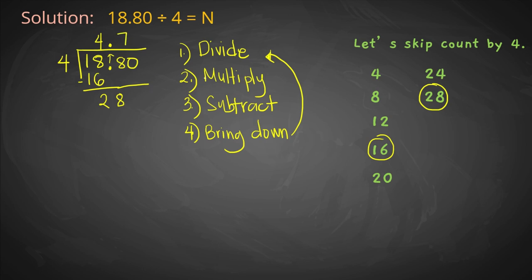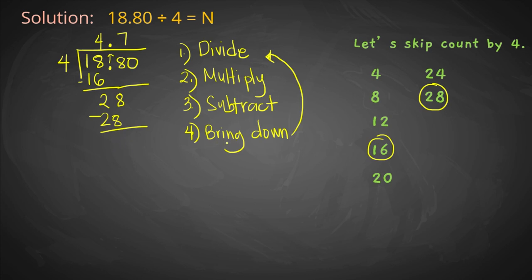Next, 7, multiply ulit. 7 times 4, that is 28. And then, after ng multiplication, we have to subtract. 28 minus 28 is 0. So, meron na tayong 0. So, 0 to kahit hindi ko na isulat.